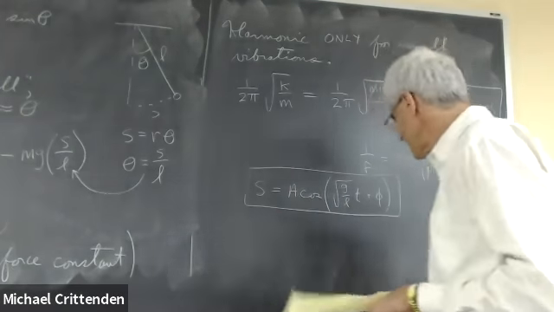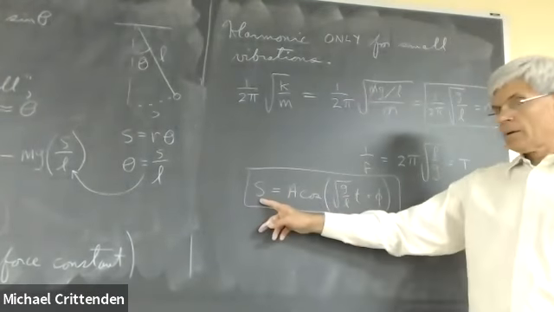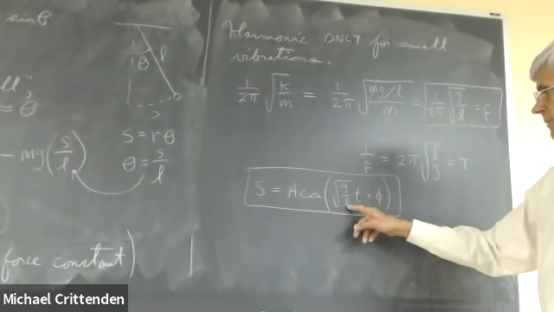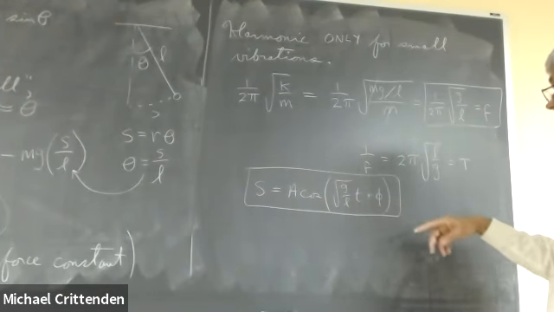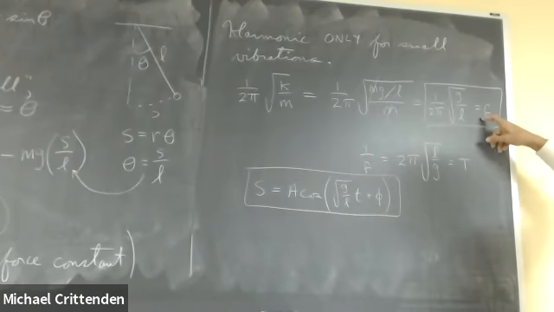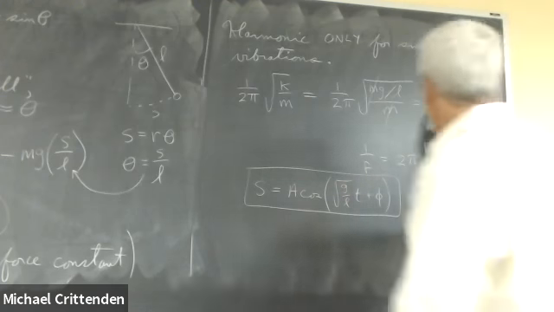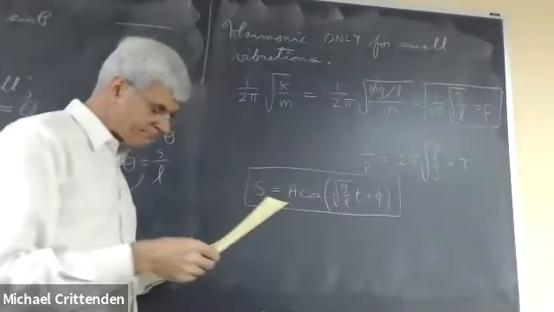The position of a harmonic oscillator is a cosine of omega t plus the phase angle. And I just showed up here that omega, which is equal to 2 pi f, is the square root of g over L. So now it's time to point the camera at the next problem.